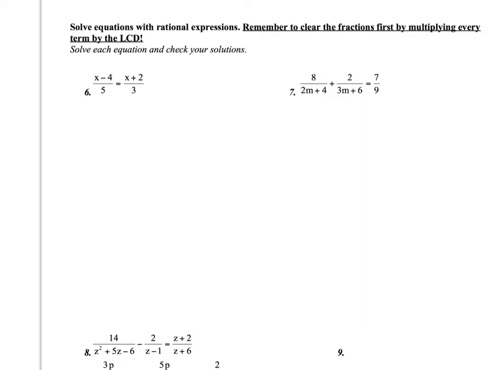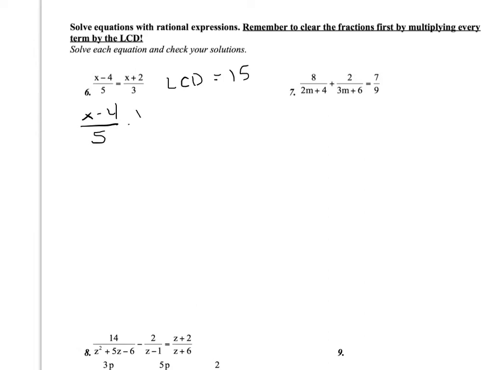So if we look at this example number 6, we have denominators of 5 and 3. It makes it very simple to determine our LCD here. Our LCD will be 15. And if we multiply every term, both sides of the equation, by 15, we will eliminate the fractions.